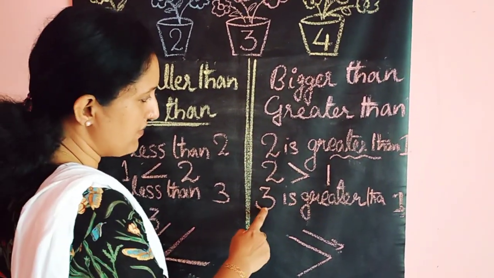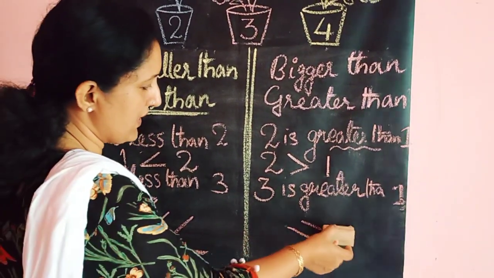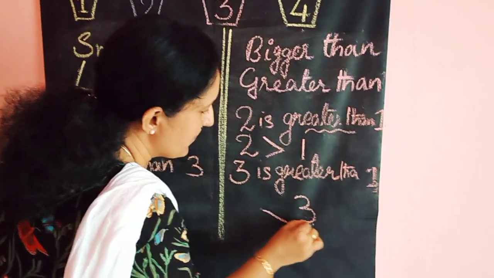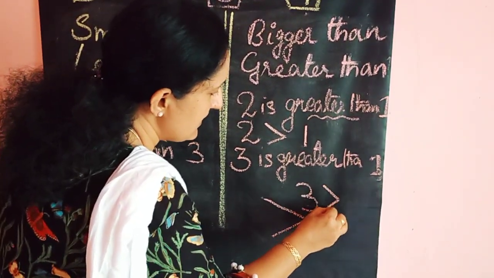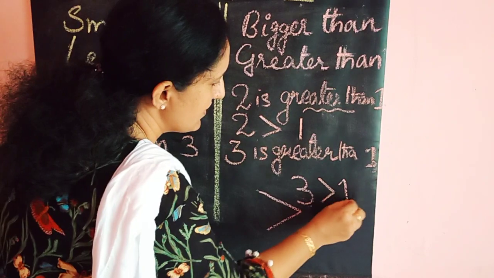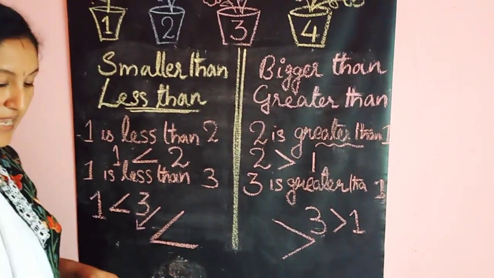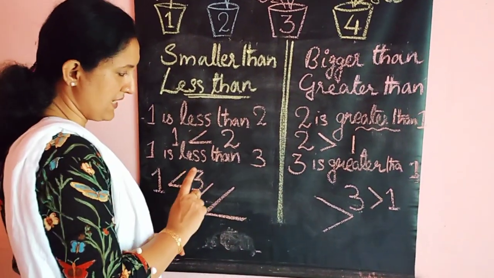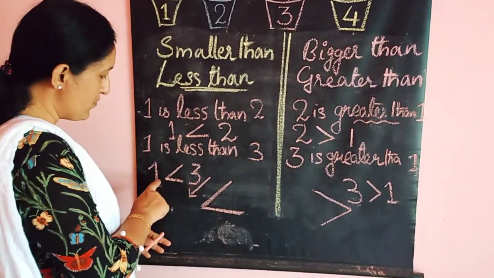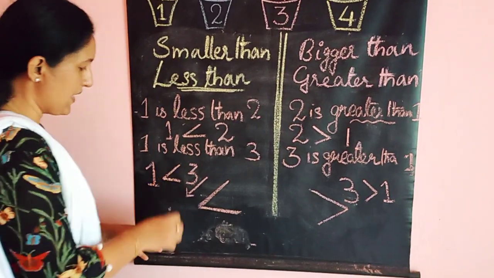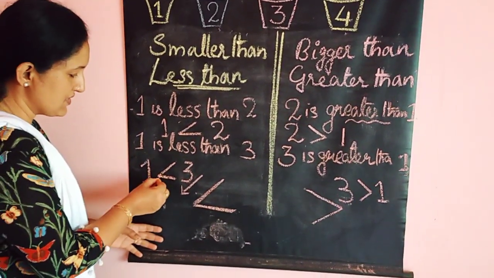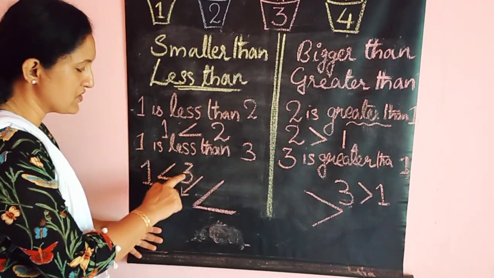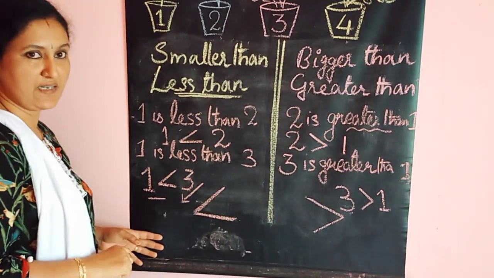Here we compare 3 and 1. So how can you write it by using the symbol? Yes, 3 greater than 1. Do you notice? Everywhere when we use the less than and greater than symbol, the smaller number always comes to its pointed closed side and the bigger number always comes to its open side.